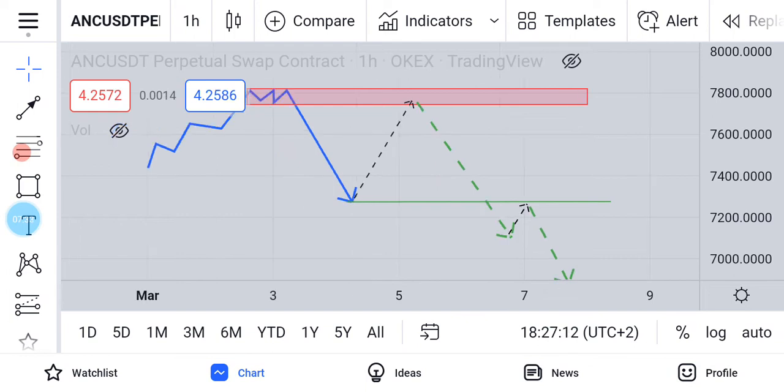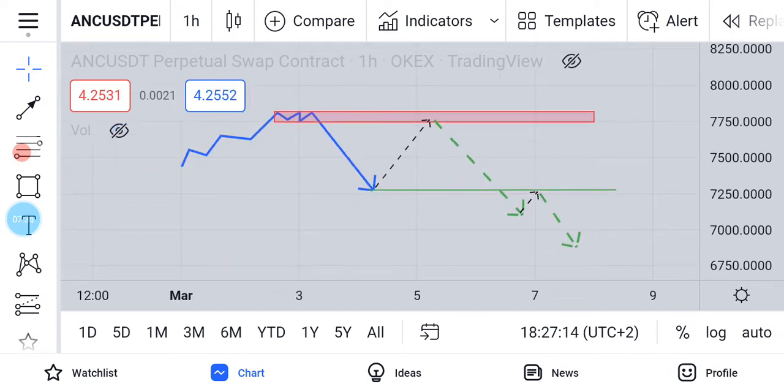So this is the first way of drawing your supply zone, as a reversal. You can see that the market went down short term, then it impacted your supply zone. Then after that, it retraces from the supply zone. So you take your short entry. So in this case, it is a reversal.